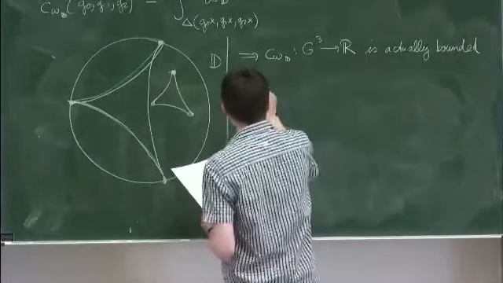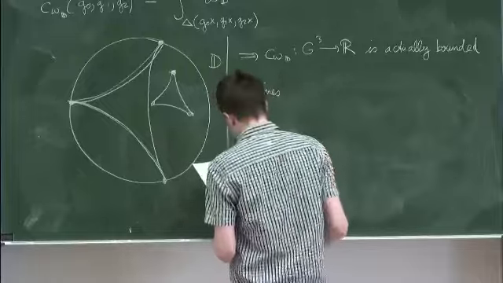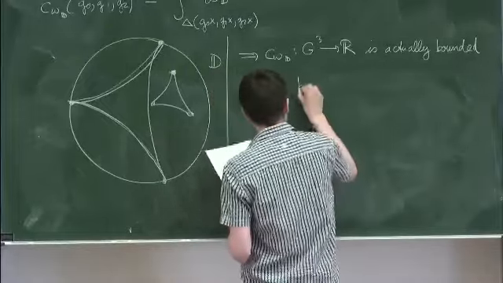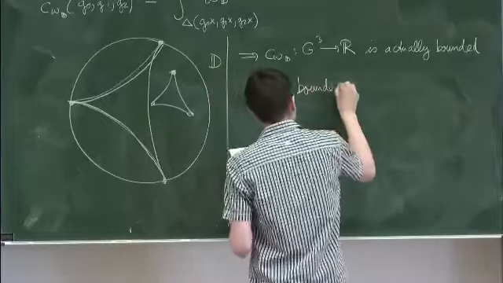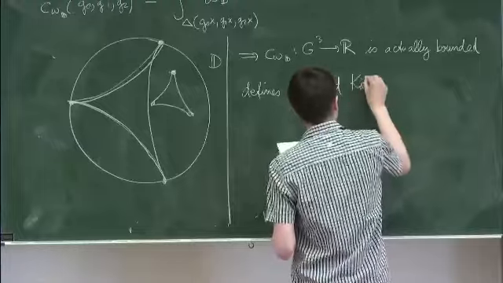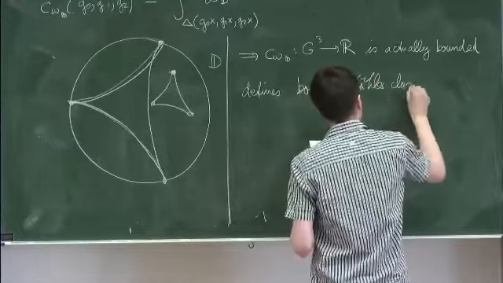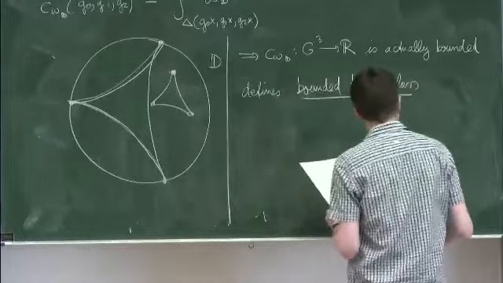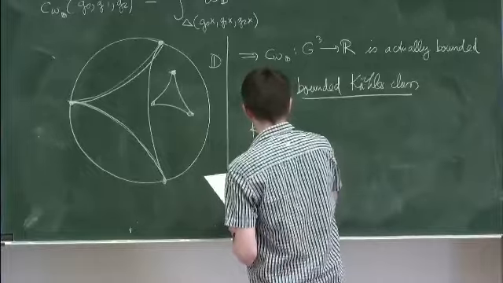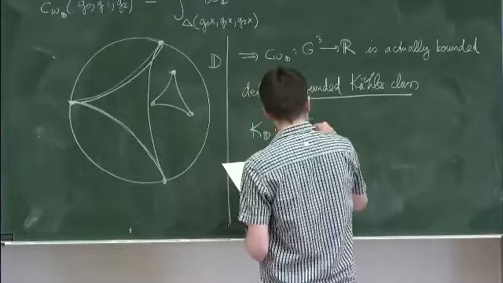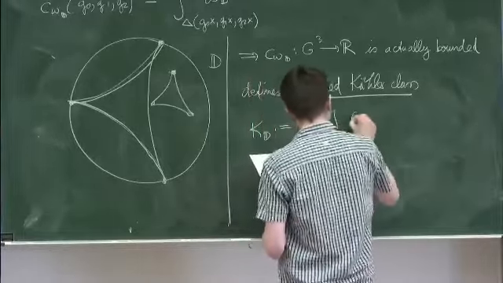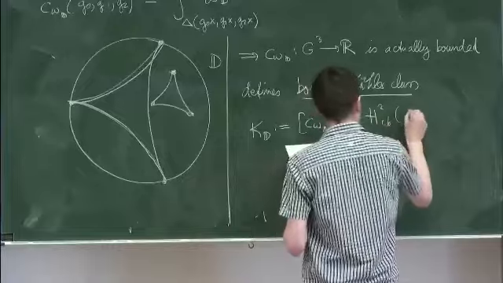And it thus defines a bounded cohomology class, which is called the bounded Kähler class. We denote it by kappa D. It's the class of this co-cycle in the second continuous bounded cohomology.